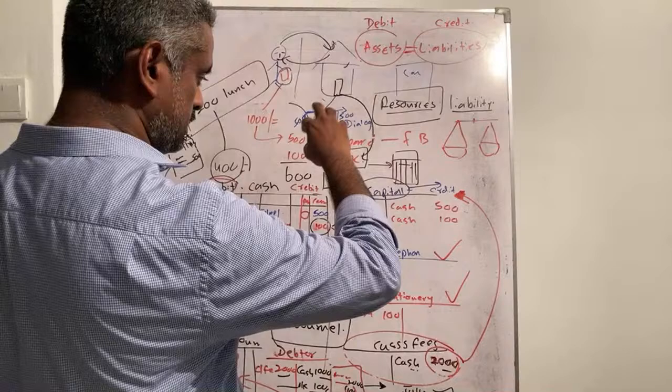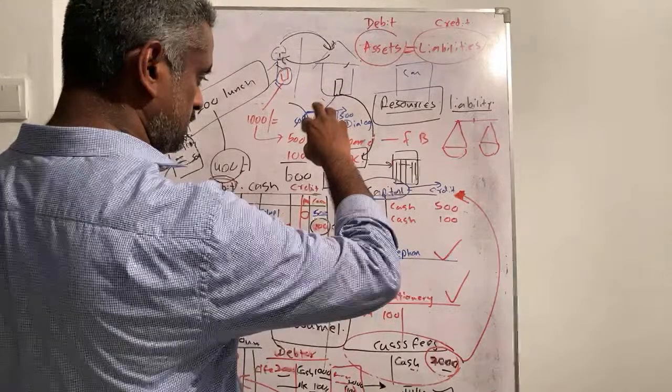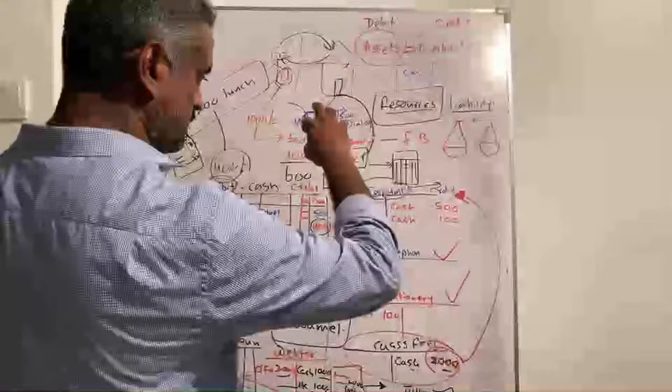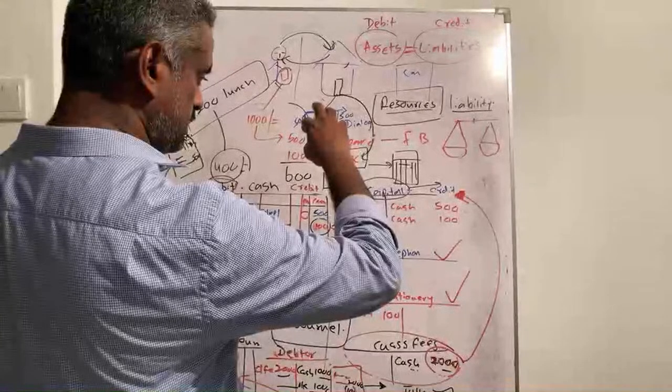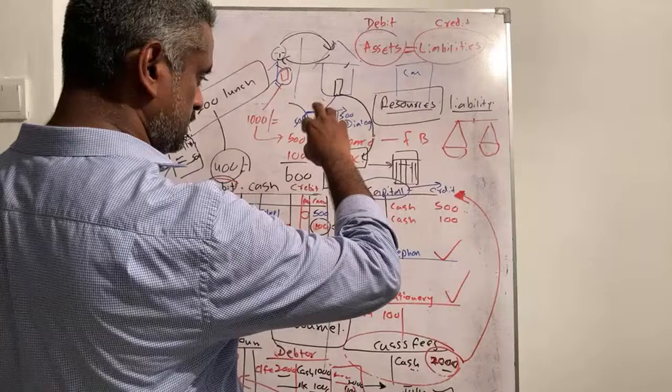Ordinary course of the business is conducting classes, right? Revenue, 2000. Money received 1000, balance 1000. Those are the transactions we recorded now, right?